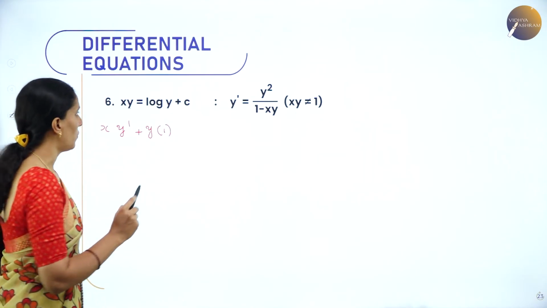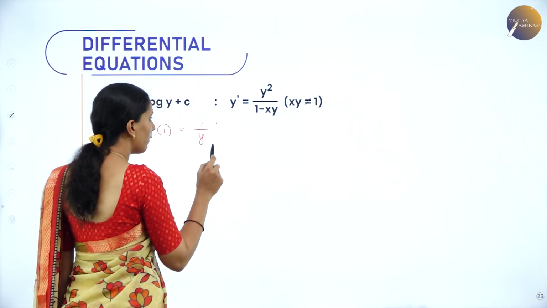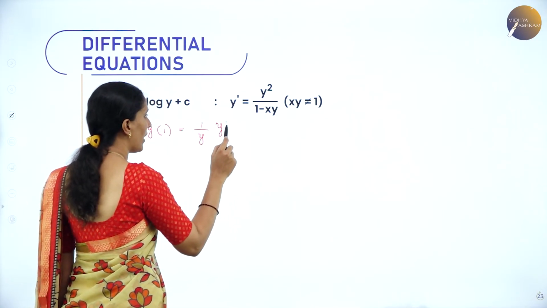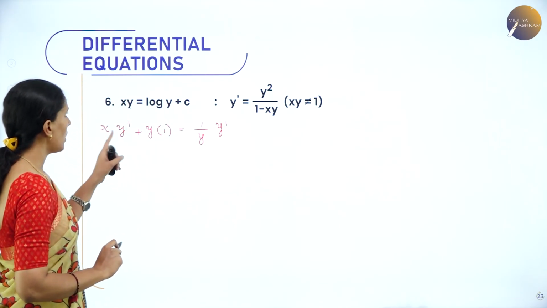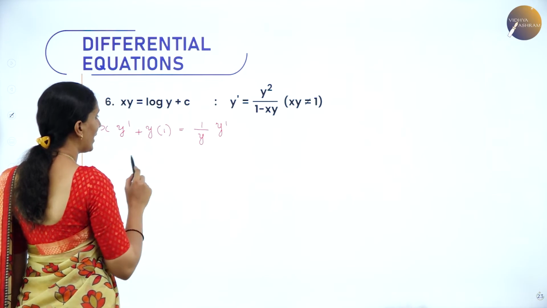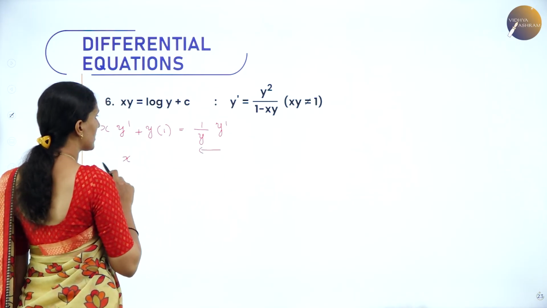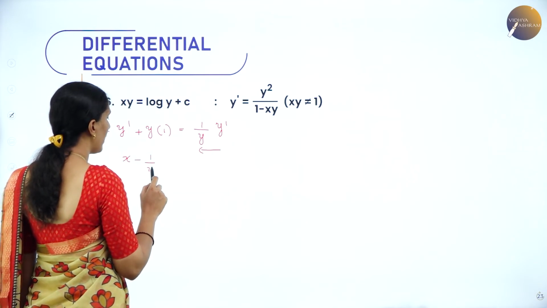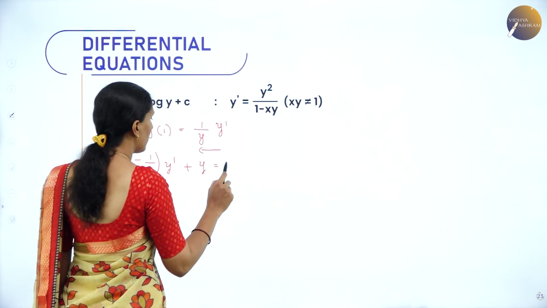Apply the product rule. What is the derivative of log y? It is 1 by y dy by dx, which is nothing but y dash. What is the derivative of c? It is 0. So now here we have, take y dash as a common factor. So then it is x minus 1 by y, y dash is common, plus y is equal to 0.